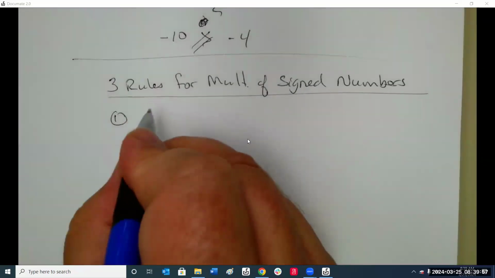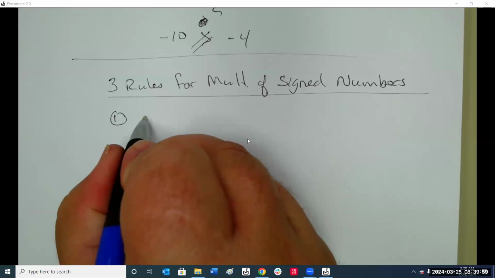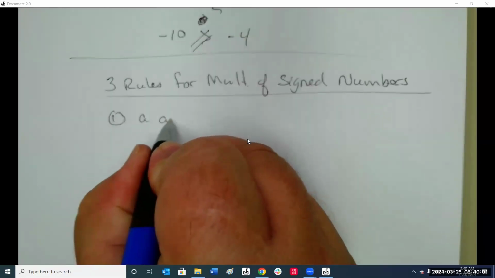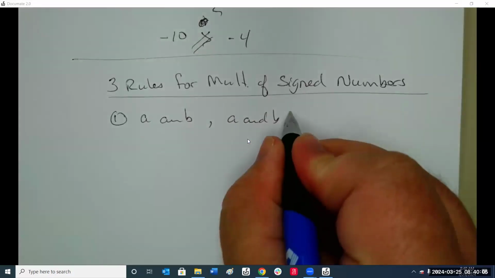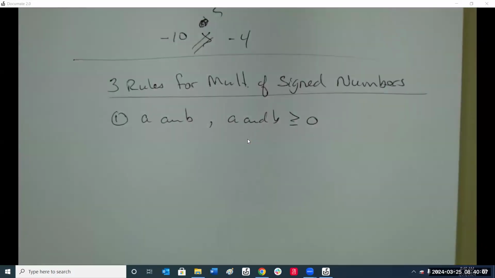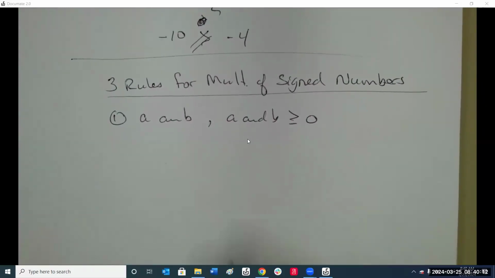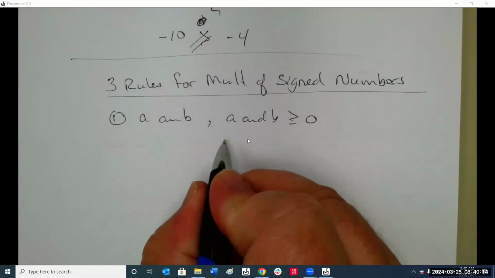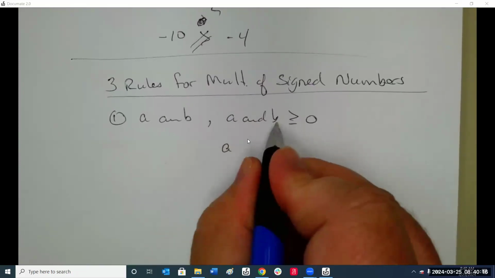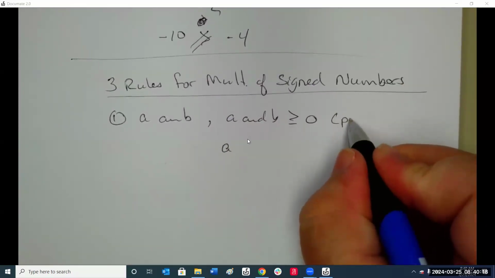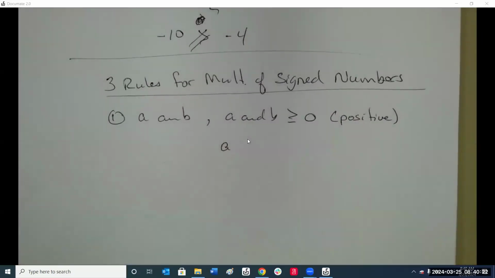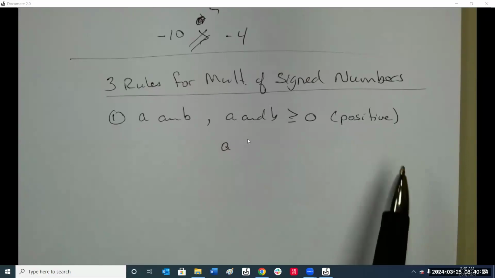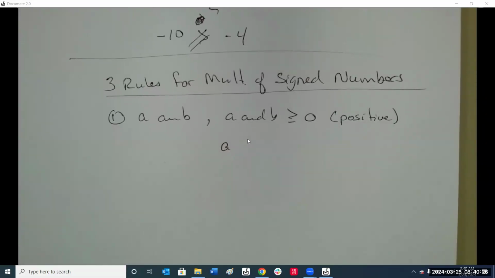The first one, we have A and B. A and B are both greater than or equal to 0. So what we're doing here is if A and B are both positive, that's another concept you have to remember. You have to tell them, okay, if I'm saying positive, what does that mean?